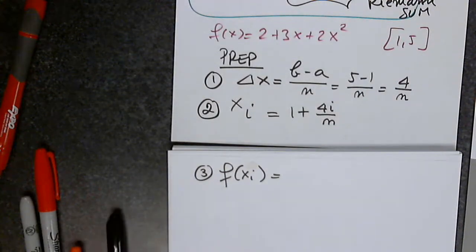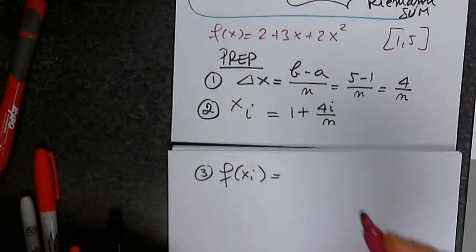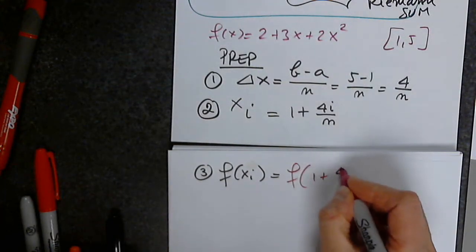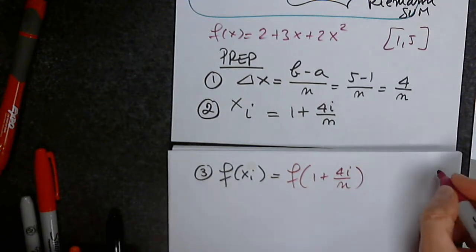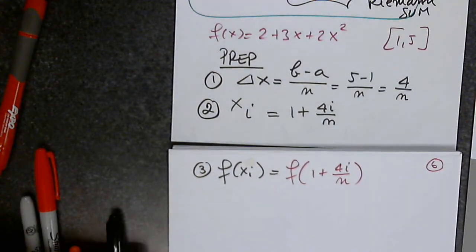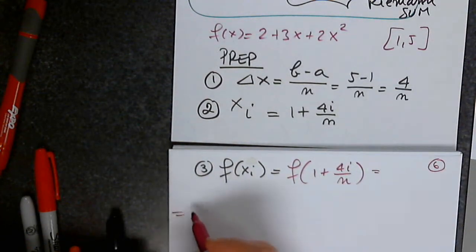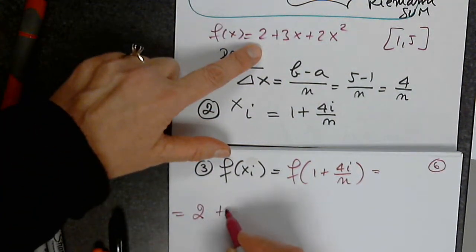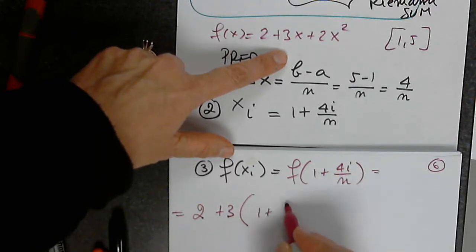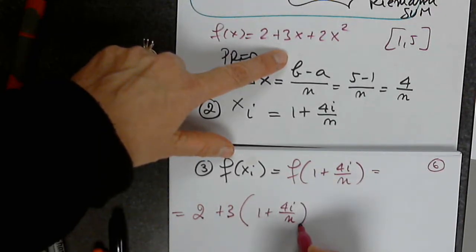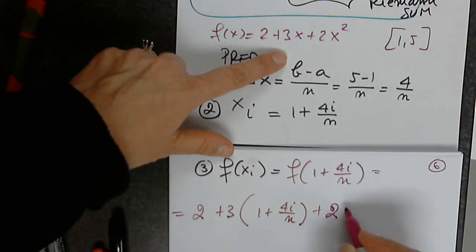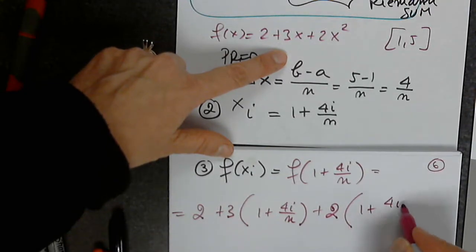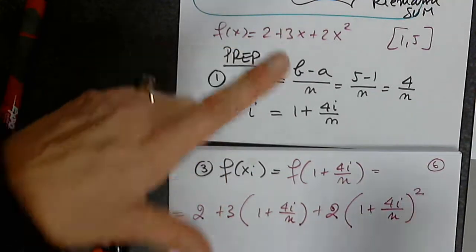Okay, so here's my f of x, and here's my xi. What do I have to write? F of 1 plus 4i over n. Not trivial. I have 2 plus 3 times (1 plus 4i over n) plus twice, in parentheses, (1 plus 4i over n) squared.